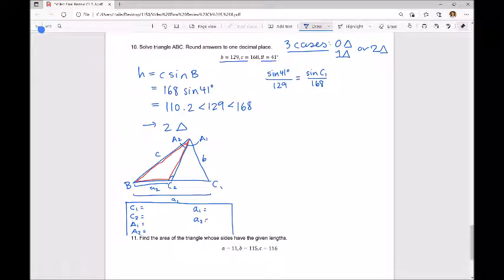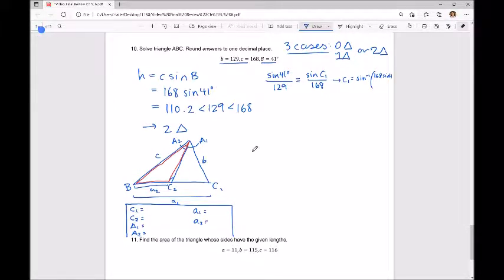And if we solve this for C1, this says that C1 is equal to sine inverse of 168 sine of 41 over 129. So if we put this in the calculator, C1 turns out to be about 58.7 degrees. So make sure again here that your calculator is in degree mode, because if it's not, your answers will be all off.